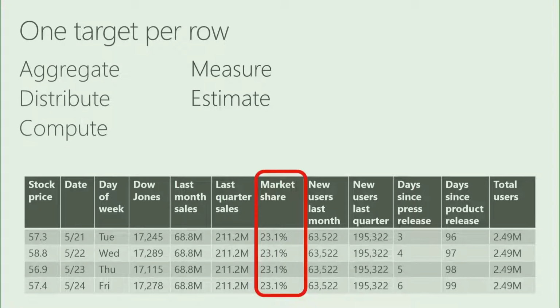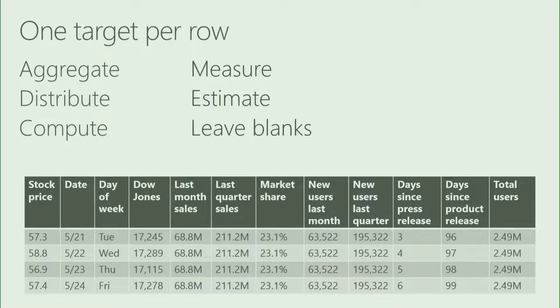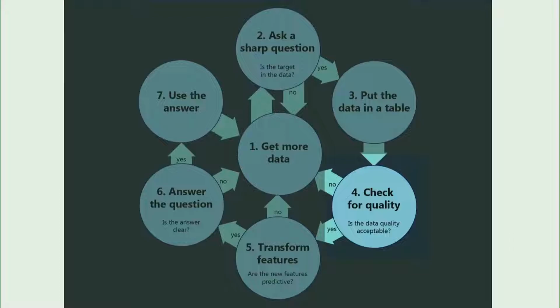So you can fill the table in with your reasonable guesses where you lack hard data. And as a last resort, you can actually leave blanks. There are ways to deal with that, as we'll see in just a couple of minutes. So once you have your data in a table, in what's called a rectangular format, with one row for each of your target variables, you're ready to move on to the next step.